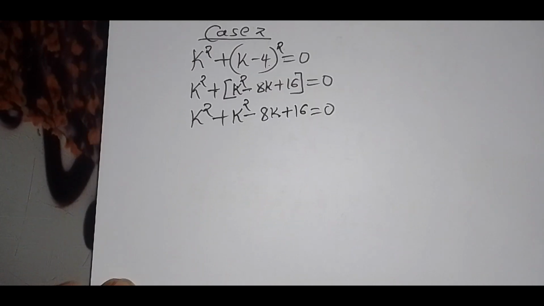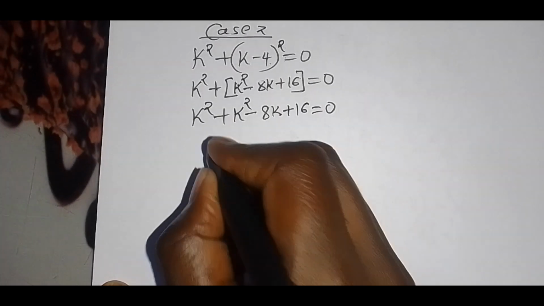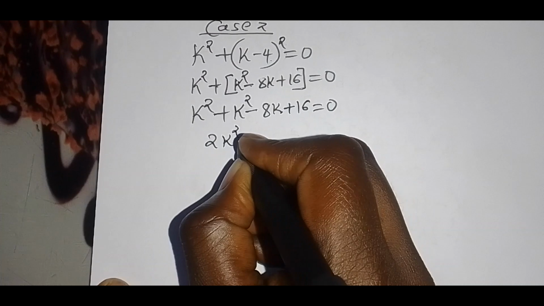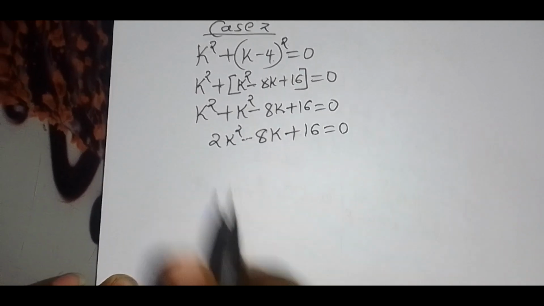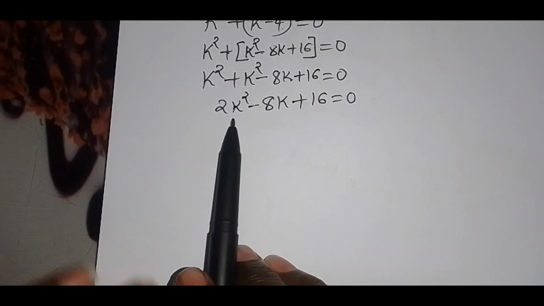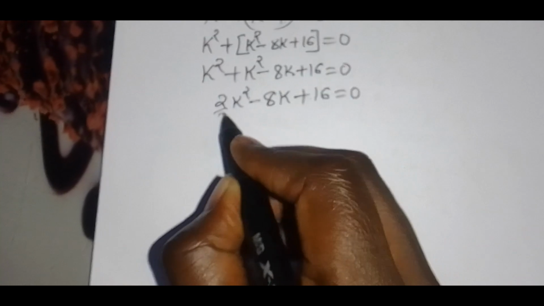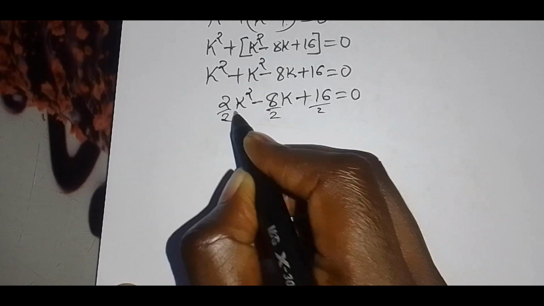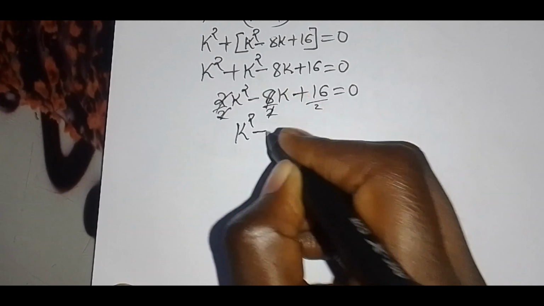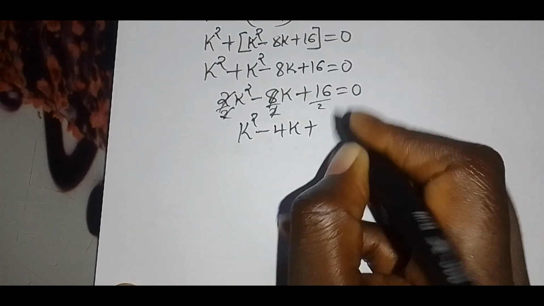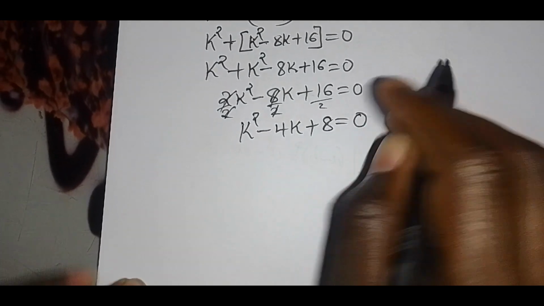So we have k squared plus k squared, this is 2k squared minus 8k plus 16, equal to 0. Now we can divide everything by 2, so that we have k squared minus 4k plus 8 equal to 0.